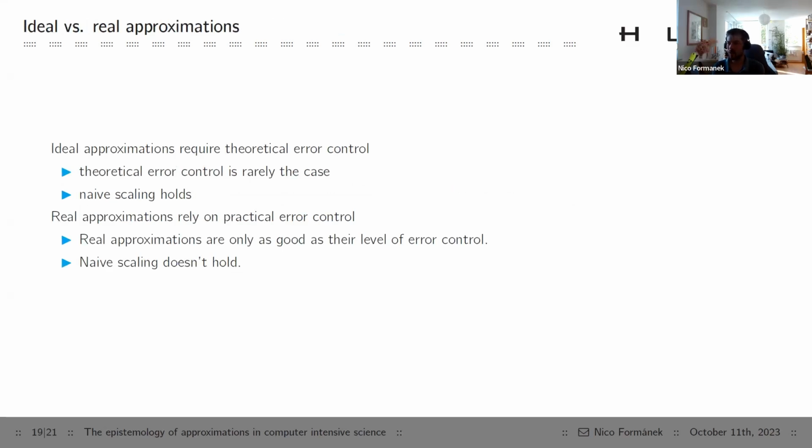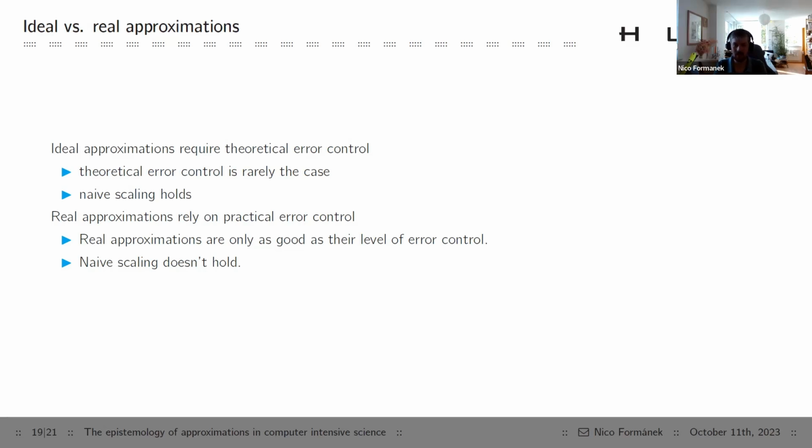Yeah, and I think this also induces some kind of distinction between approximations. So we can distinguish here between ideal and real approximations. And I think ideal approximations are the ones that actually have theoretical error control. Yeah, so these are the best approximations that we can hope for, and we would all be happy if we had them.